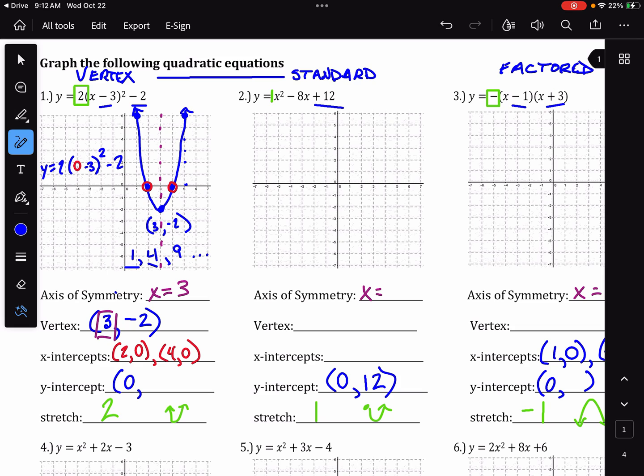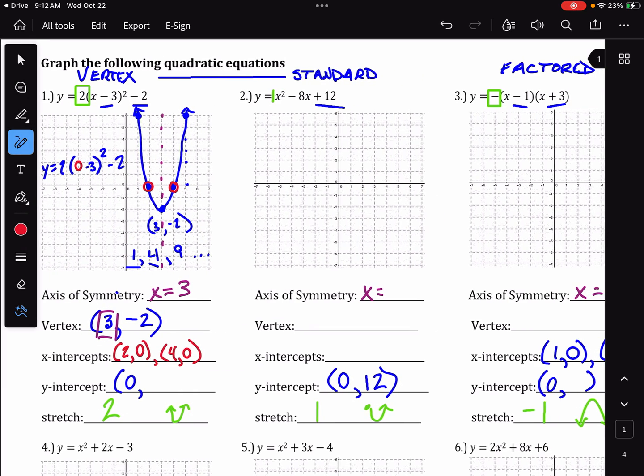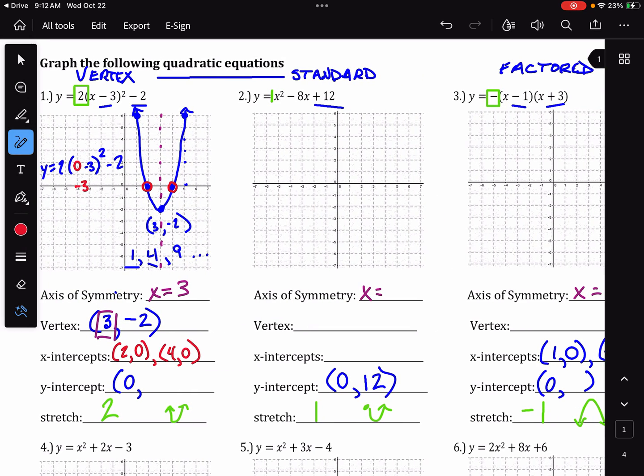Okay, so to evaluate this, we start with parentheses. 0 minus 3 gives me -3. Still have everything else, 2 parentheses squared minus 2. Next order of operations would be to take care of the square, raising it to the second power. So (-3) squared gives me +9.